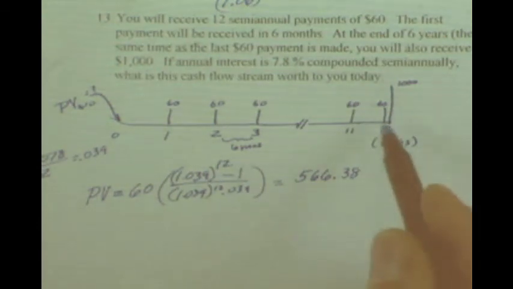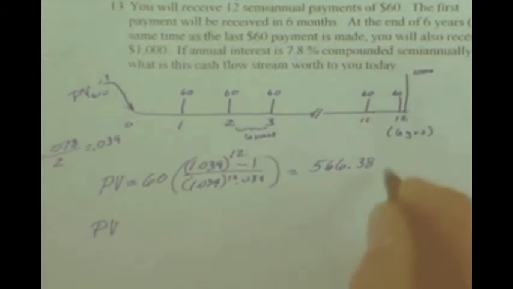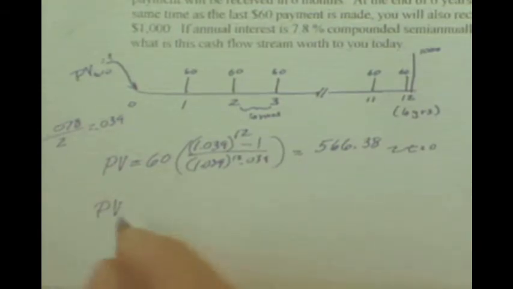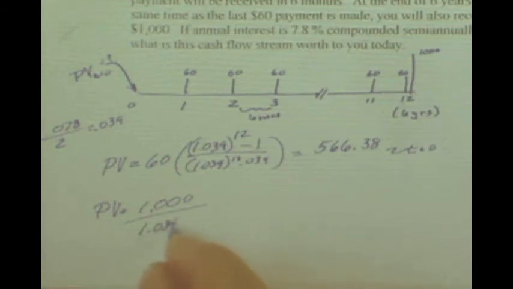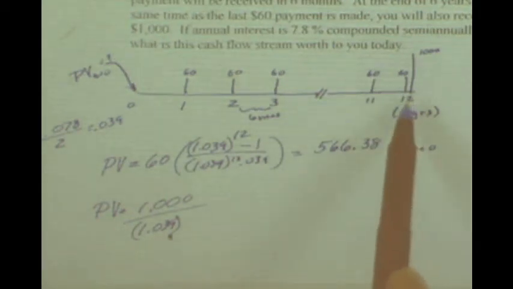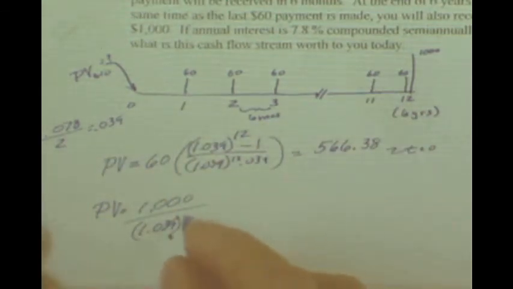Now the $1,000 is at time 12. So let's bring it back to time 0, using the building block equation. If this is a 6-month rate, I've got to bring it backwards by 12 6-month periods, so that exponent here has to be consistent with the interest rate.